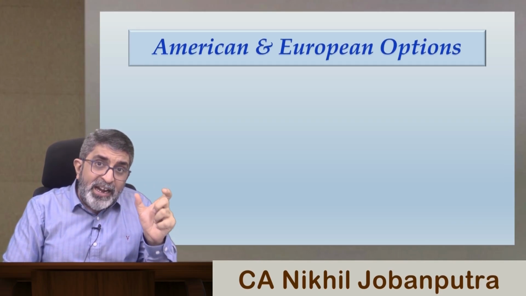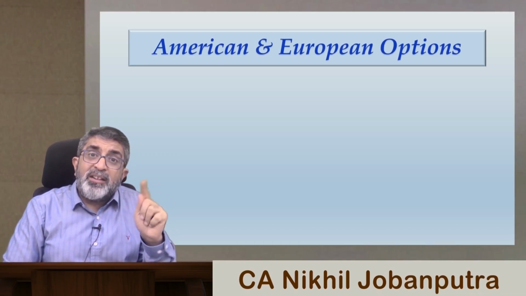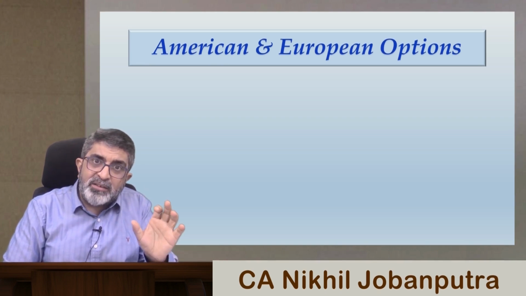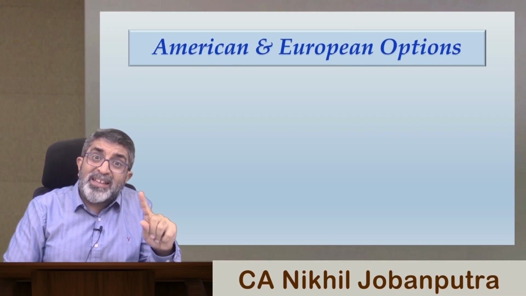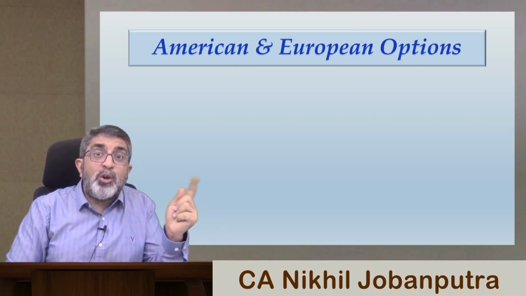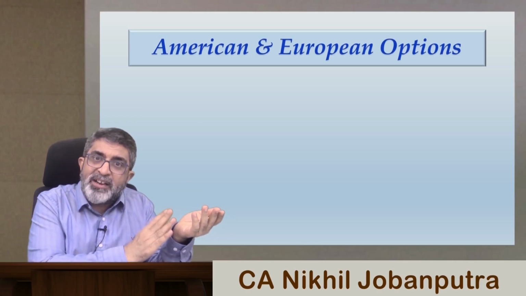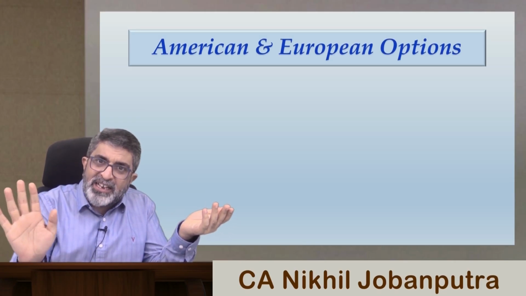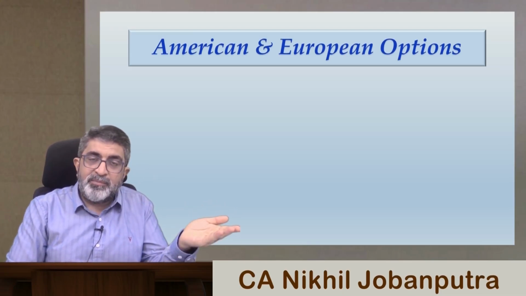So that date when it is specified in the option contract, it is referred to as a maturity date or settlement date if it is European option. But if it is American option, that date is referred to as expiry date because the option is valid up to that date. You can exercise any time, but after that the option gets expired.